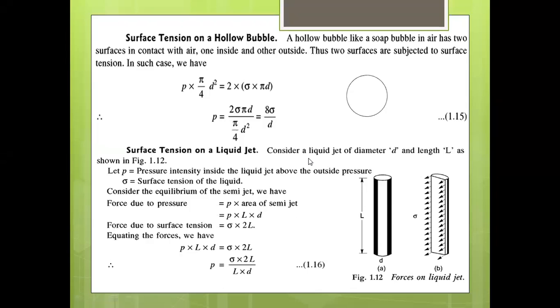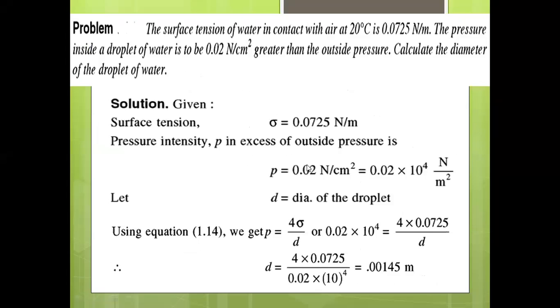Now let us solve the problems here. Write down the problem. The surface tension of water in contact with air at 20 degrees Celsius is 0.0725 Newton per meter. The pressure inside a droplet of water is 0.02 Newton per centimeter square greater than the atmospheric outside pressure.